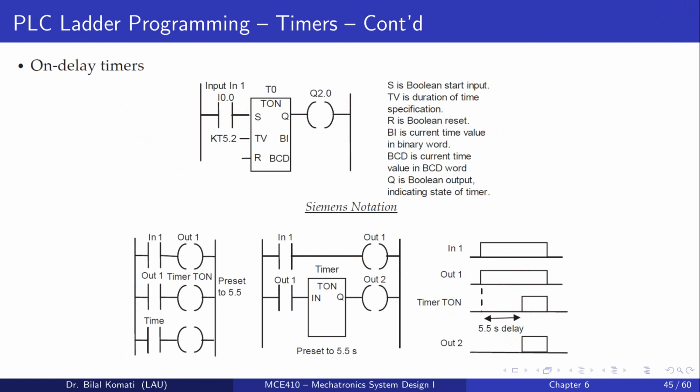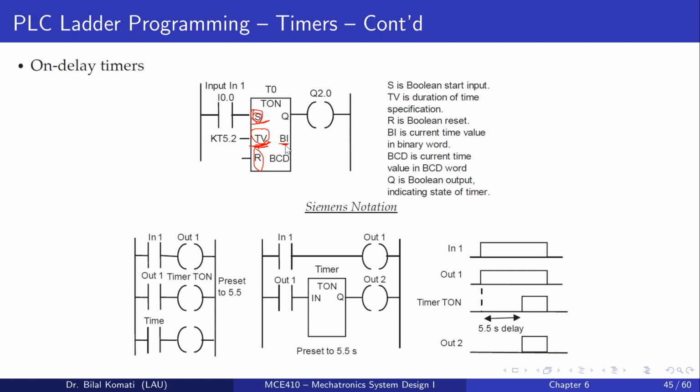So the on delay timers in the Siemens notation are the following. We have the set input, which is the Boolean to start the timer. TV is the duration of time specification. R is the Boolean reset if you want to reset the timer.